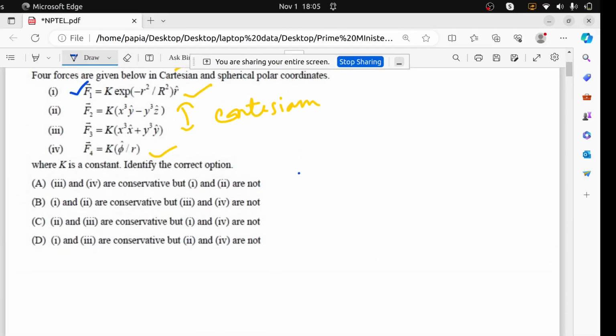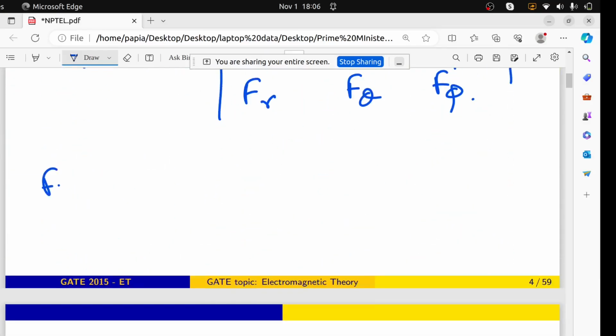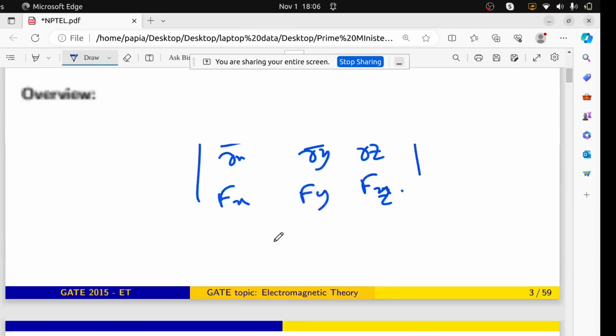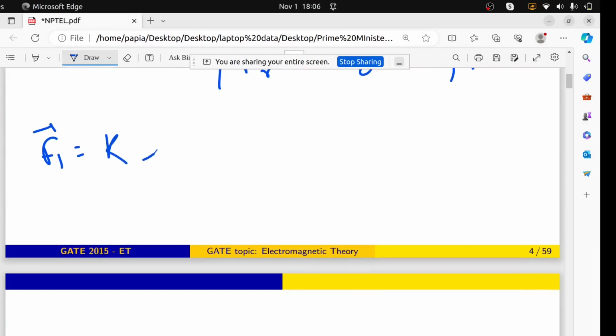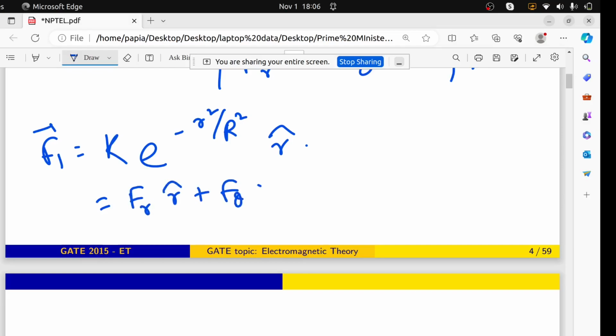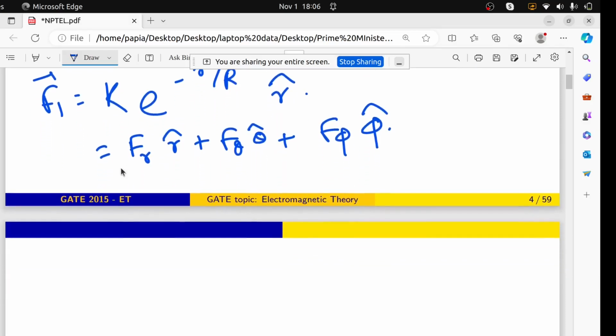Let's say I am talking about F1. F1 is k e to the power minus r square divided by capital R square, r cap. Now if I decompose this as F r r cap plus F theta theta cap plus F phi phi cap, then F theta and F phi are 0.